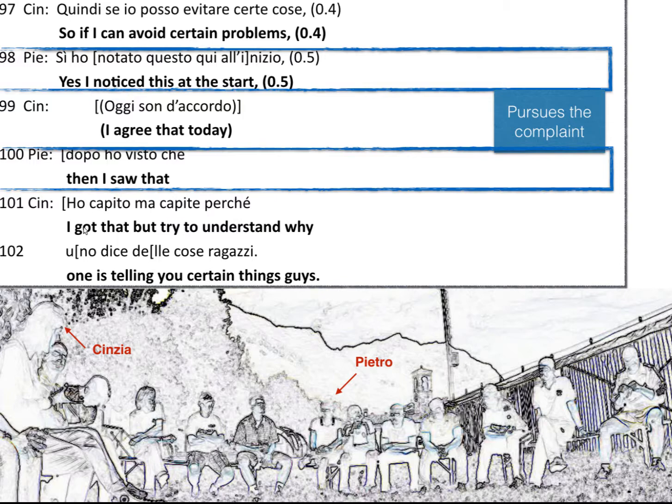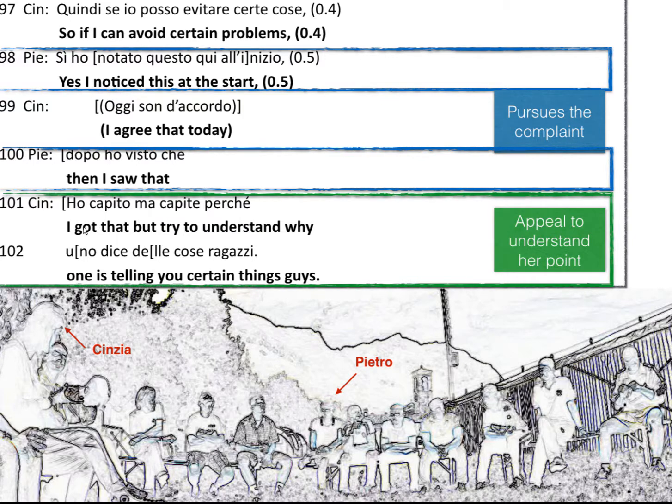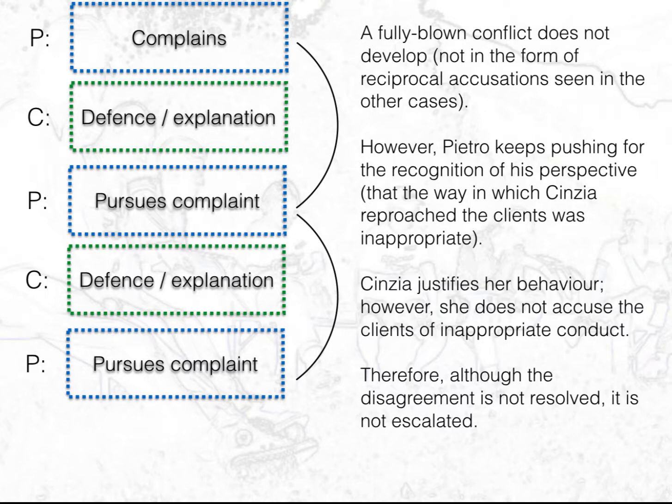She carries on in the same way, again and again. So she's taking a defensive position in a way, and she's not acknowledged the client's position. So we can see the same pattern in a way of a disagreement, and they're not making progress.